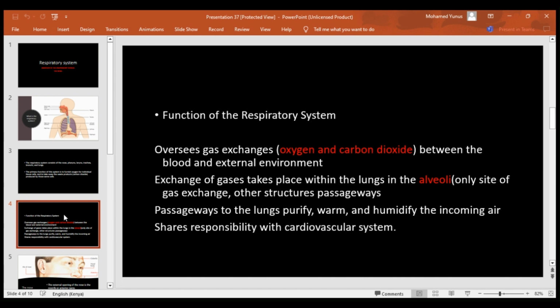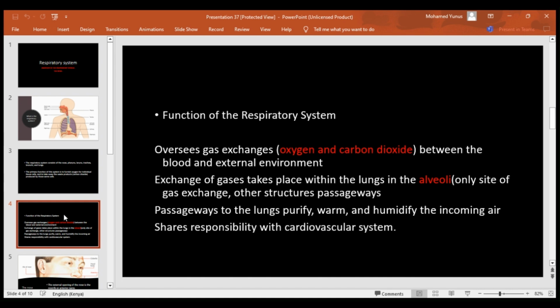Passageways to the lungs, that's the nose, the trachea, the bronchi. What are their functions? These passageways play a very crucial function. They purify the air, they warm the air, and they humidify the incoming air.